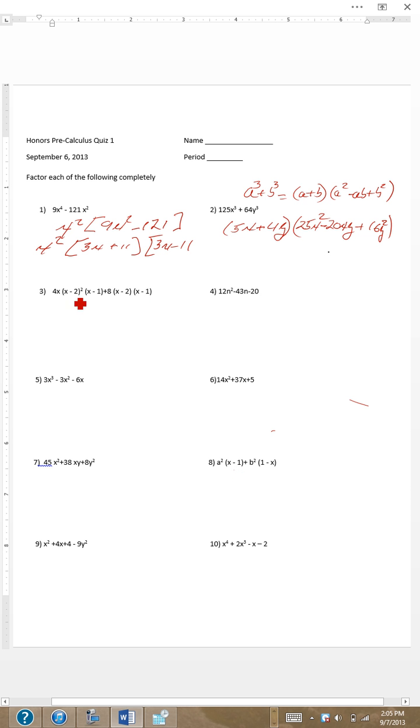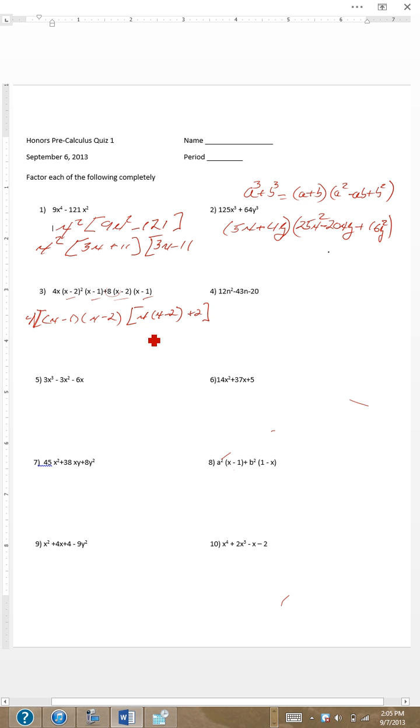Got a common factor. Both groups have the x minus 2. Both groups have the x minus 1. This has an 8, that has a 4, so we can take out the 4 as common. And then we got the x minus 1, x minus 2. Now, what's multiplied by this grouping to get back to that? You have to account for the x, and the x minus 2, and then plus 2.